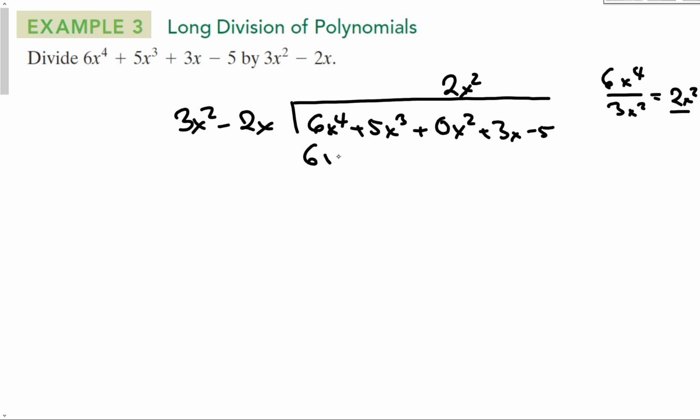Multiply: 6x to the fourth minus... sorry, I was looking at the 5. 6, 2 times 3, minus 4x to the third. That's it. Subtract, and we get 9x to the third. Bring down the 0x squared, okay?